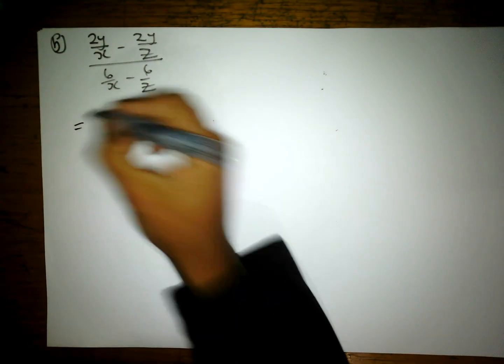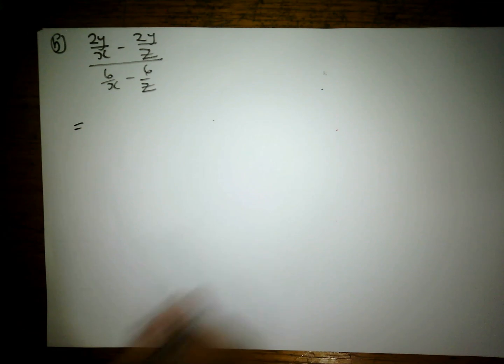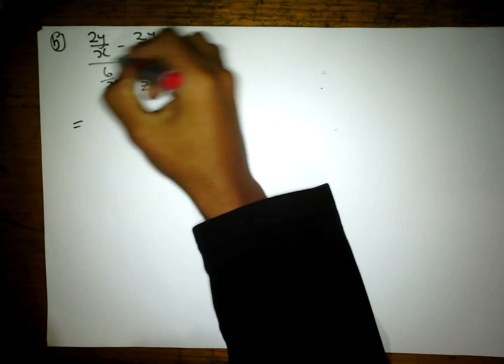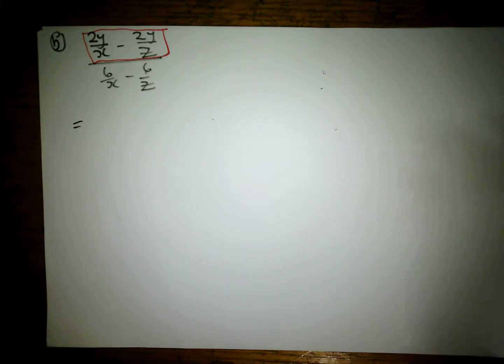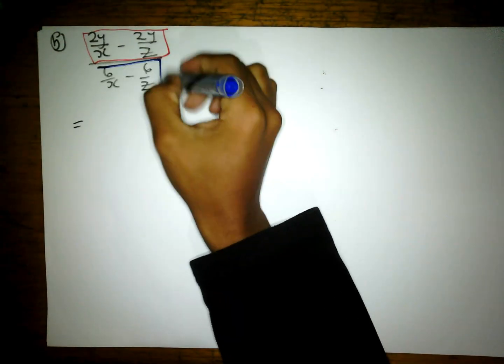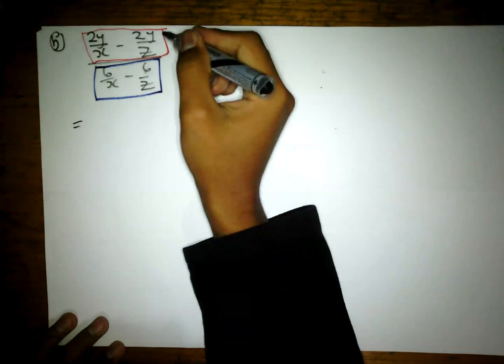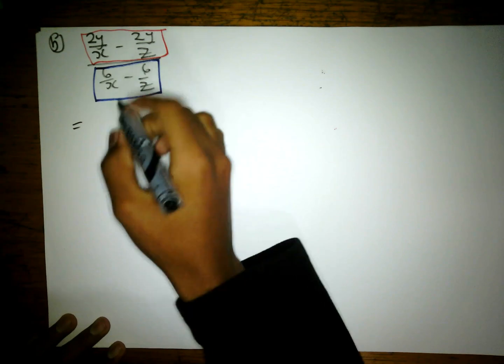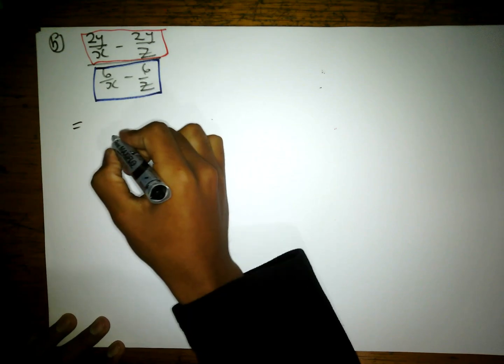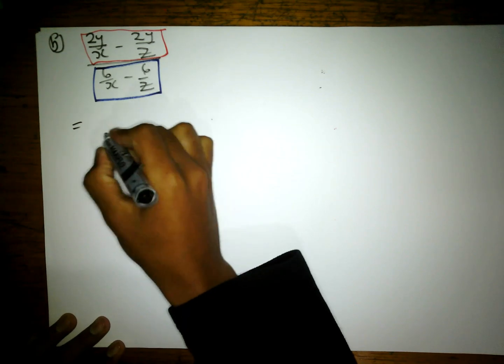But how we're going to do this is we deal with the top, then we deal with the bottom. So we can simplify this one. We know we're going to have a denominator of x and z.